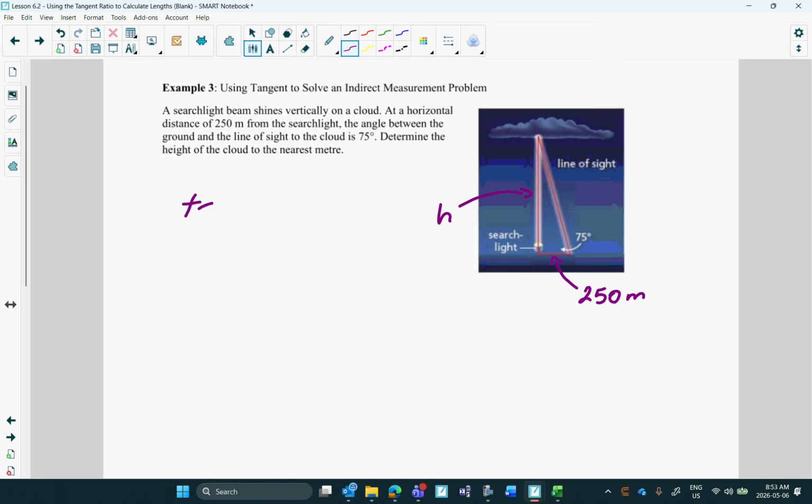Tan. And 75 degrees equals whatever side is opposite 75, which in this case is H, over the side adjacent, which is 250.